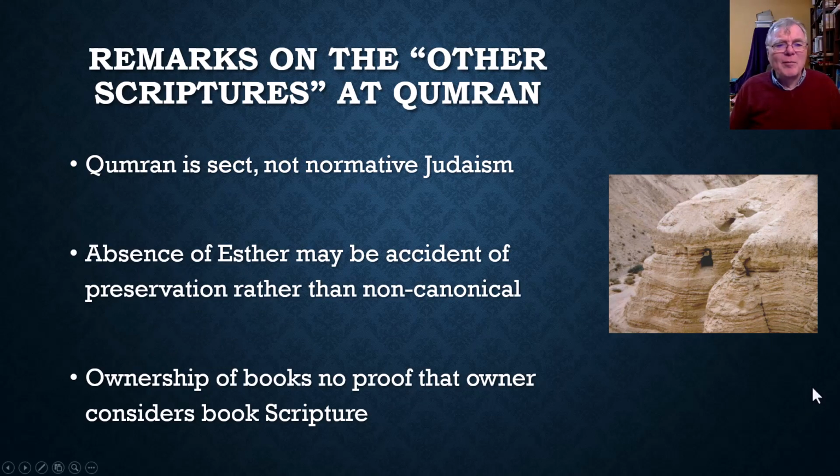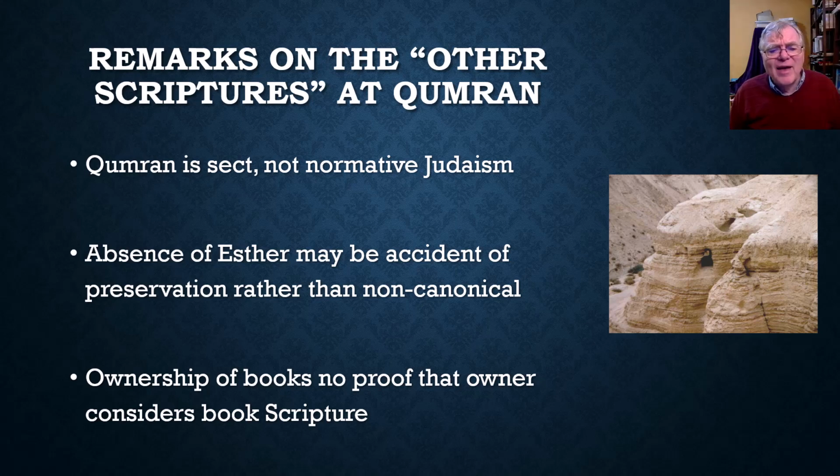Now, a quick remark on the other scriptures at Qumran. Qumran, you have to bear in mind, was a sect of some religious people that went away from the rest of society and did their own thing by the Dead Sea. They would not be considered necessarily normative Judaism.